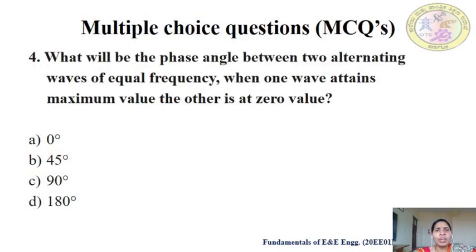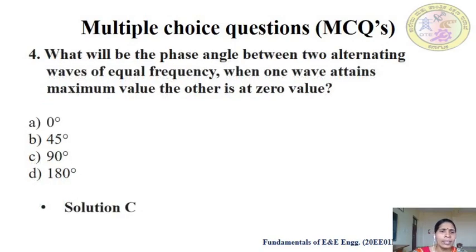Next one: what will be the phase angle between two alternating waves of equal frequency when one wave attains maximum value and the other is at zero value?